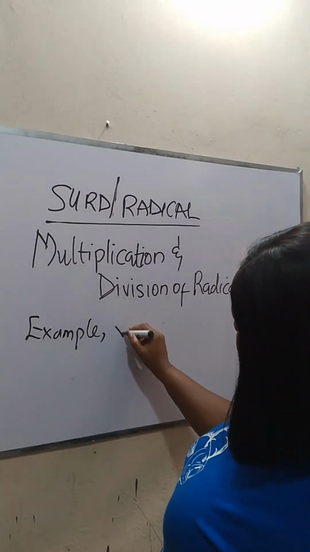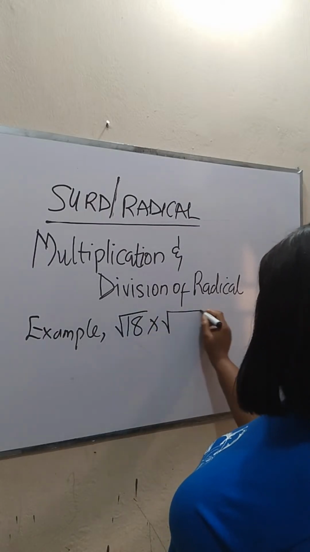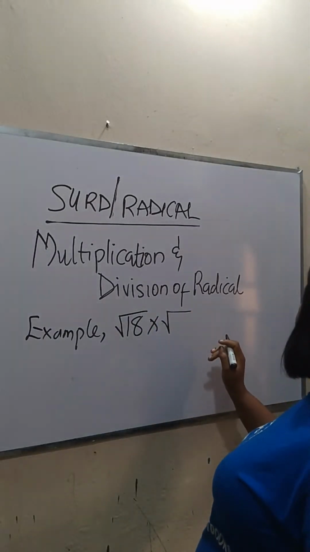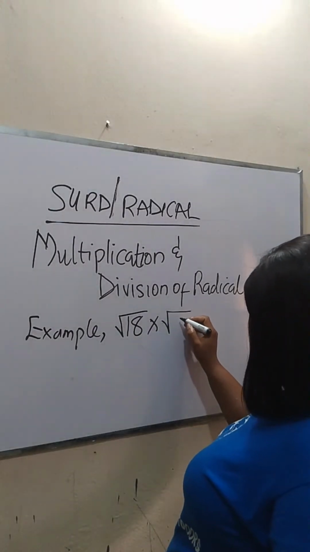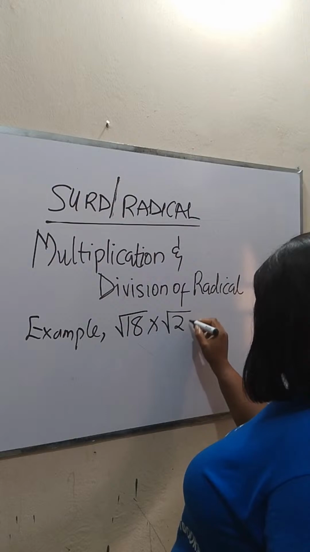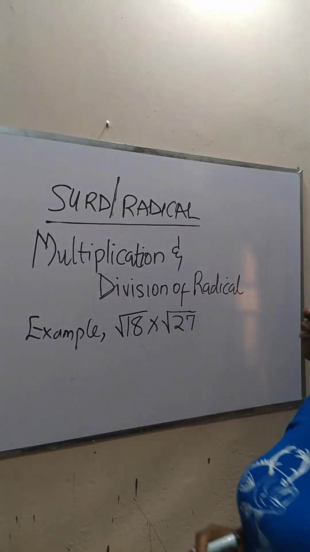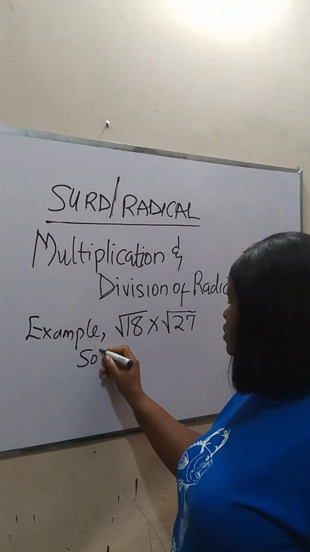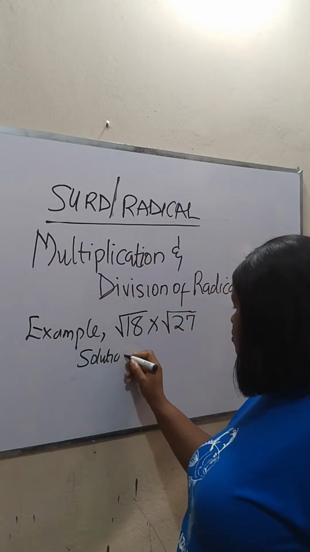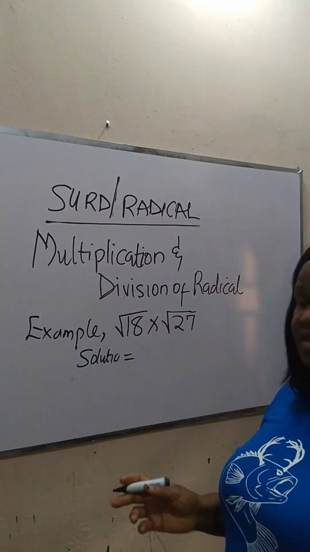We have root 18 times root 27. Yeah, let me just use this. So the solution is very easy. We know 18 divided by 2 will give us 9.